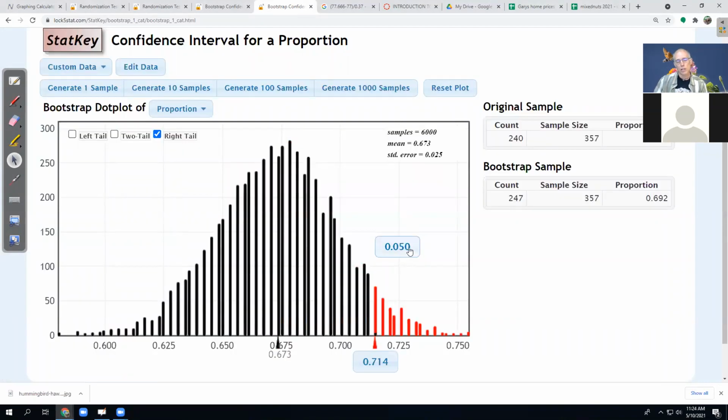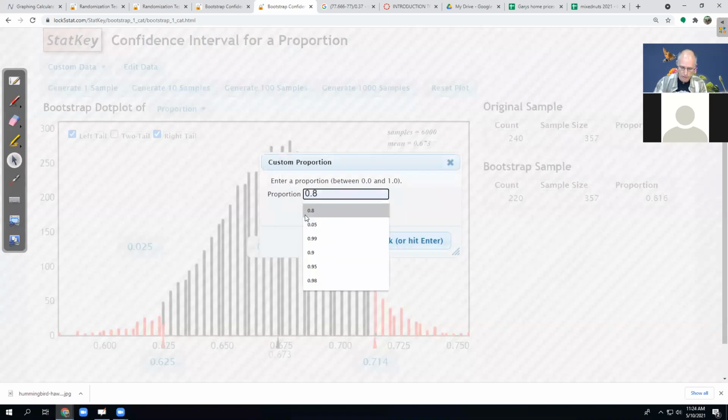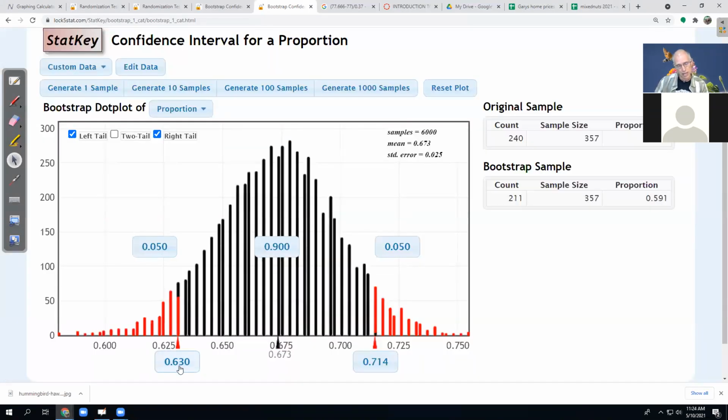That's better. So if I put 5% in the upper tail, StatKey tells me that the value that goes with that is 71.4% mixed nuts. I could put 5% in the lower tail. StatKey says that would be 63% peanuts or less.